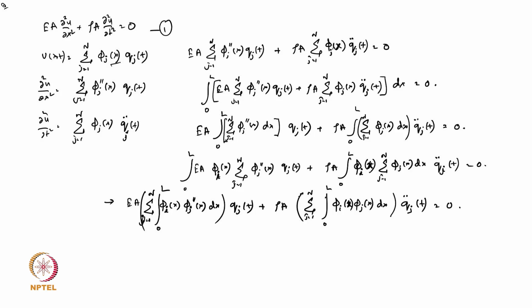Now, once this is written, our task is to solve it. So how can we solve that? This one is phi i, phi x, and this is the double dash. Another thing is very important here: phi i x and phi j x are orthogonal. So the phi matrix should be chosen in such a way that they are a set of orthogonal vectors.